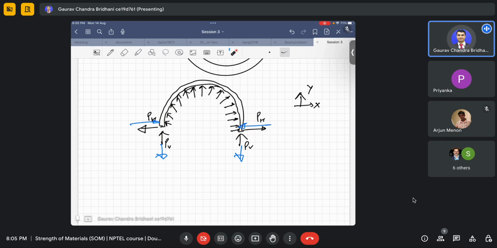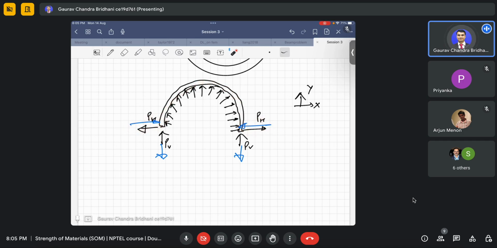I think you didn't get it. These two forces are not expected to cause any stress in this material, because they are not aligned with the material.